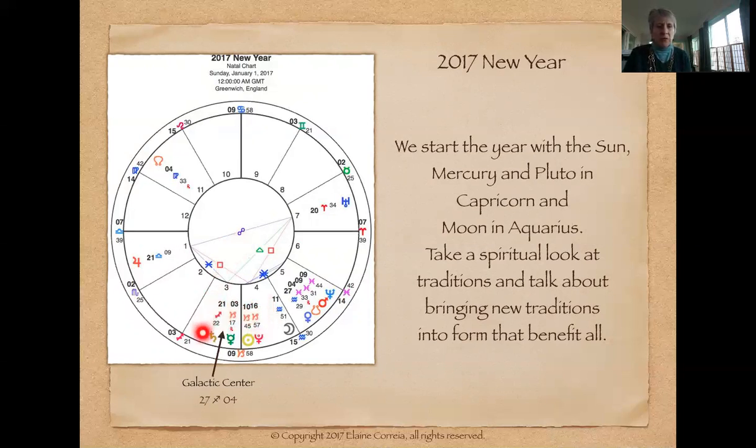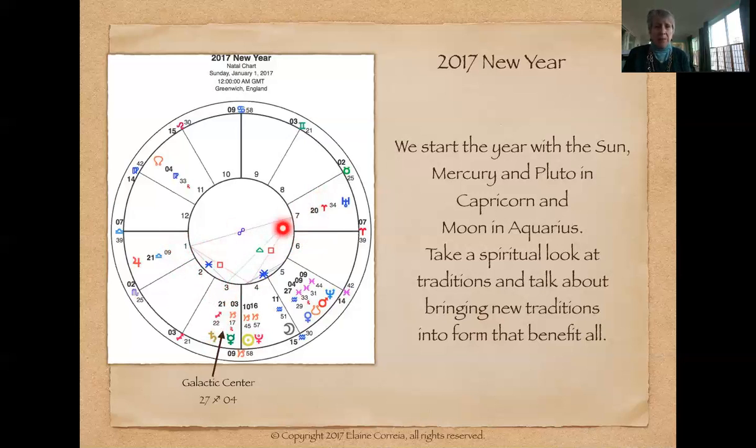And you've also got Saturn right here. He's not conjunct, but it's close enough to kind of shed a little light on things. Saturn is squaring Uranus, and it's squaring Jupiter. There's a square right here.